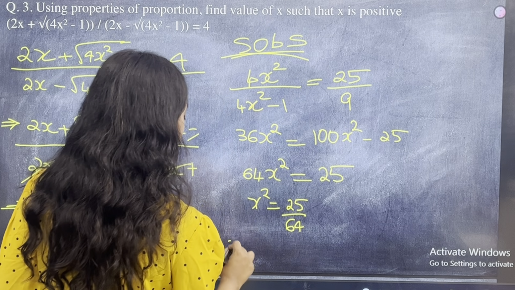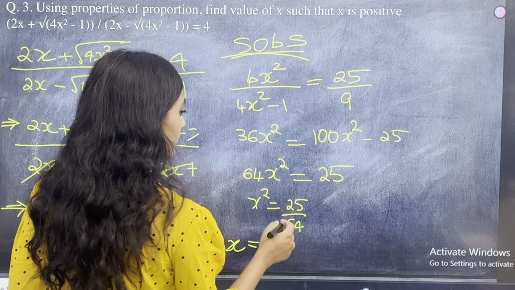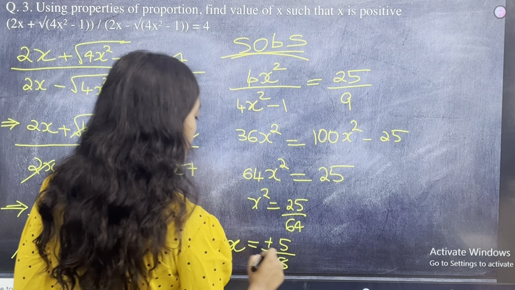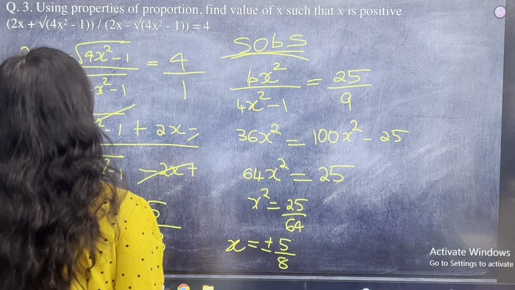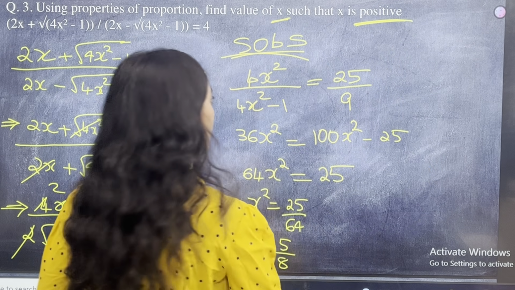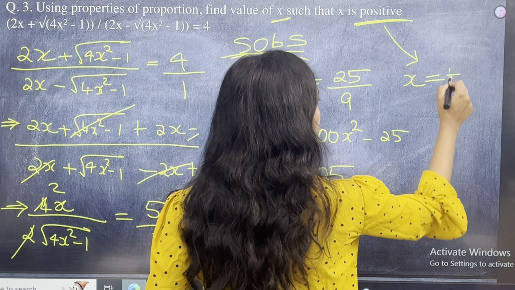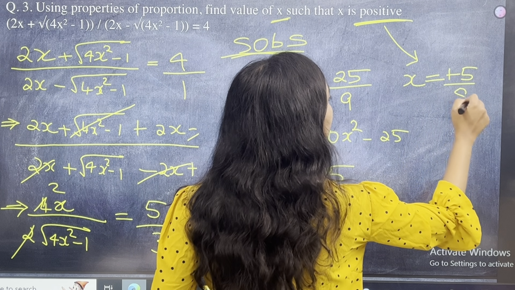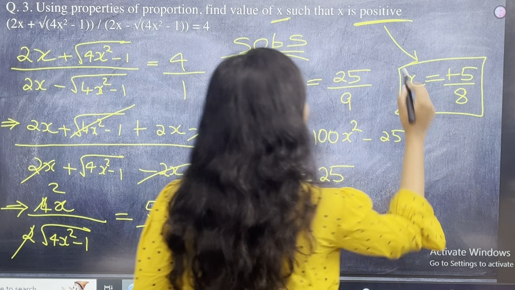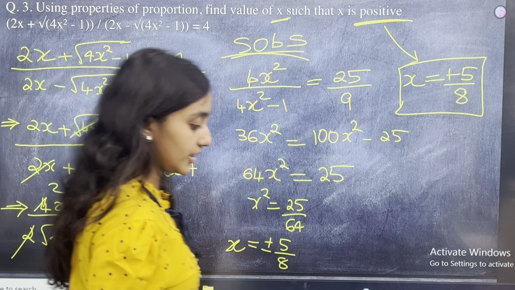Therefore x is equal to plus or minus, 25 root is 5, 64 root is 8. So it is plus or minus 5 by 8, whereas they have said find the value of x such that it is positive. So x will be equal to plus 5 by 8, or you can just write it as 5 by 8. This is the answer to our question on componendo and dividendo.